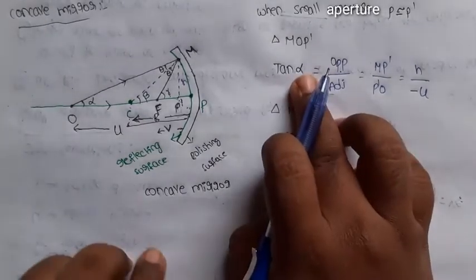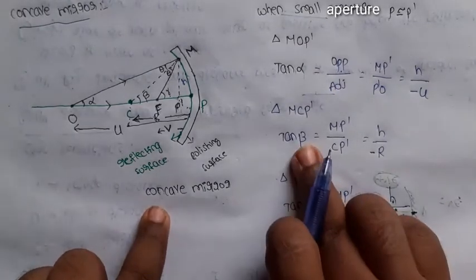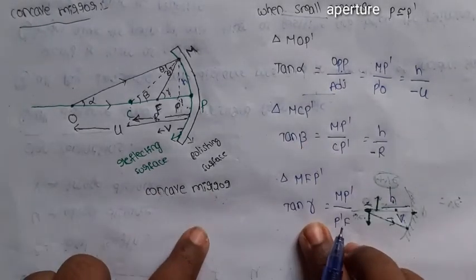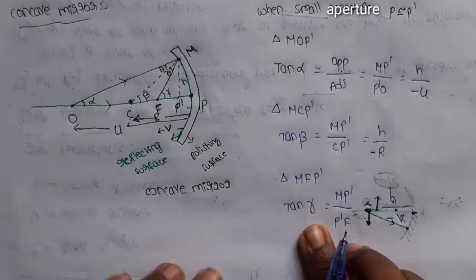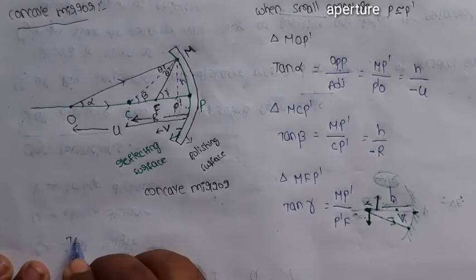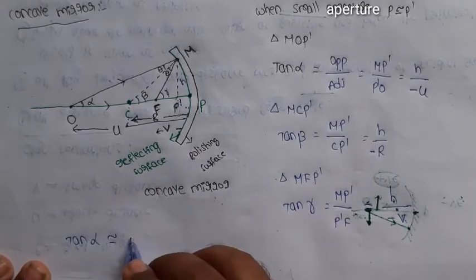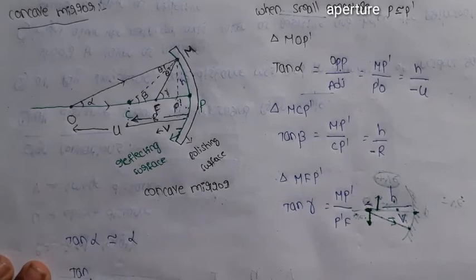So tan alpha becomes alpha, tan beta becomes beta, tan gamma becomes gamma. That's why I am taking tan alpha nearly equal to alpha, tan beta nearly equal to beta, tan gamma nearly equal to gamma.